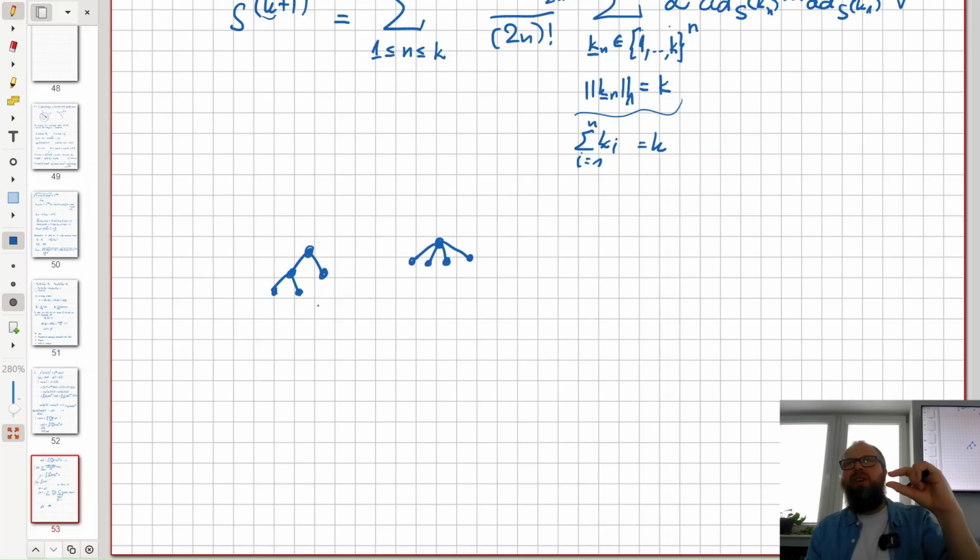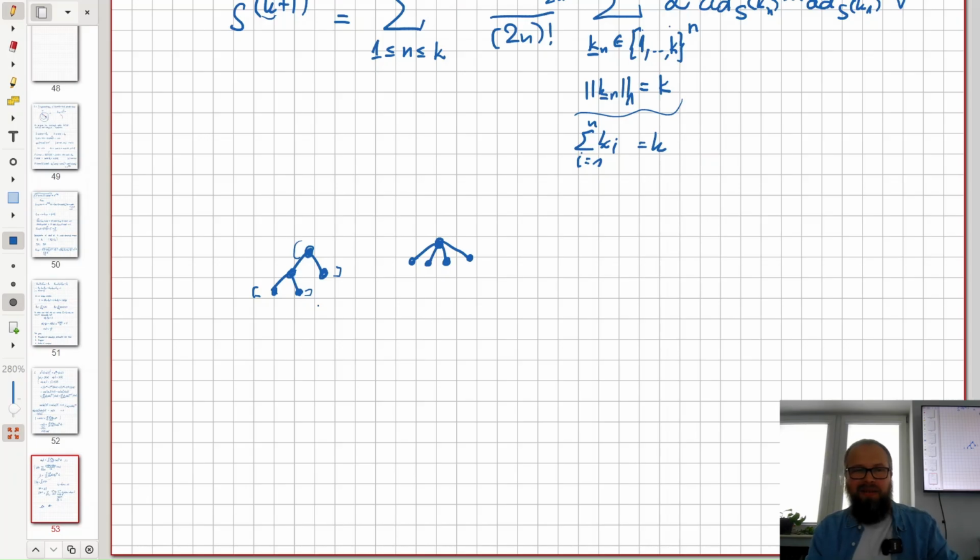The node that has no parents is the root of the tree, so this is the root. Nodes that have no children are leaves, like in a tree. These are leaves. This is a leaf. Okay, fine.